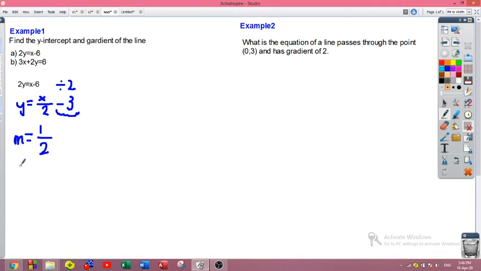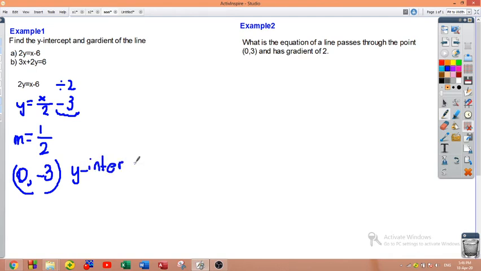Then the y-intercept will be (0, c), here (0, minus 3). This was A.